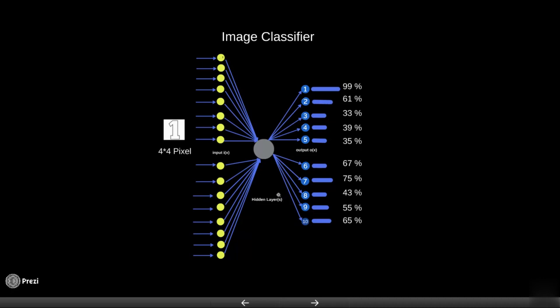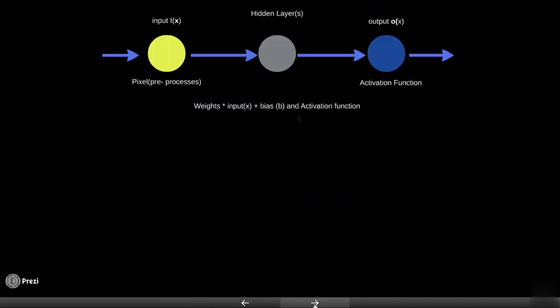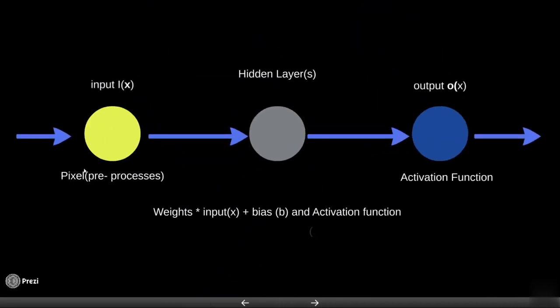Now let's take a closer look at a single layer and try to understand the different components from a low-level perspective. Here we have one single input node, one neuron, and one output node. The input takes a pixel, it does pre-processing to the information, and then it passes to the hidden layer.